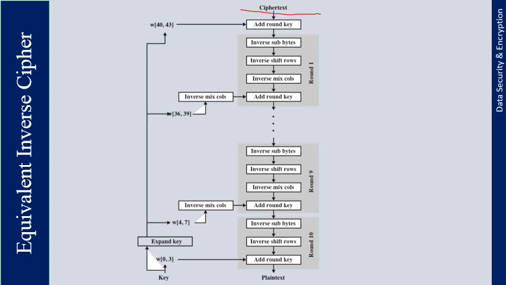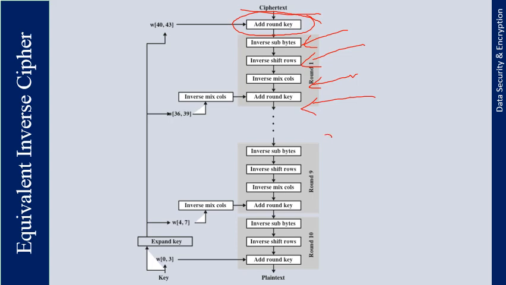Note that we do not need to apply inverse mix column to the round key for the input to the first add round key transformation preceding the first round, nor to the last add round key transformation in round 10. So as you can see, we have add round key as the first step, and then we perform inverse sub bytes and inverse shift rows, and then inverse mix columns and add round key.